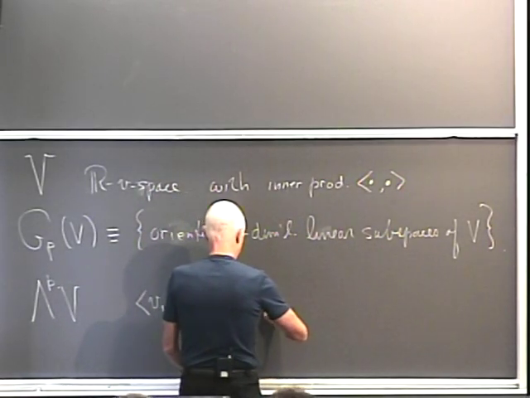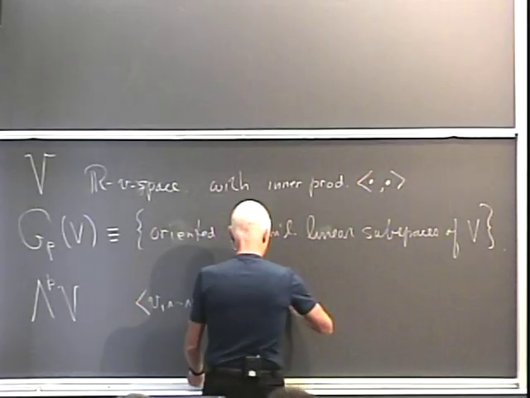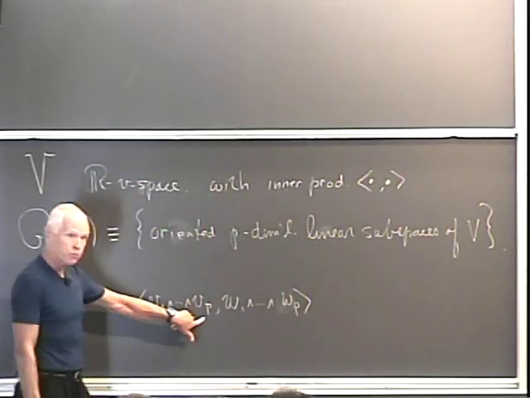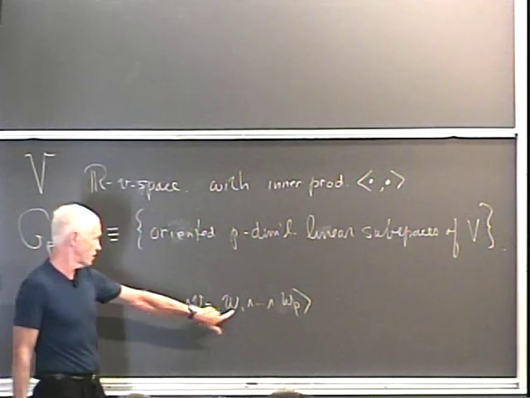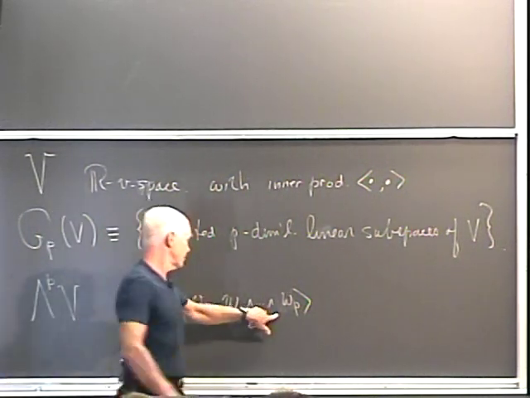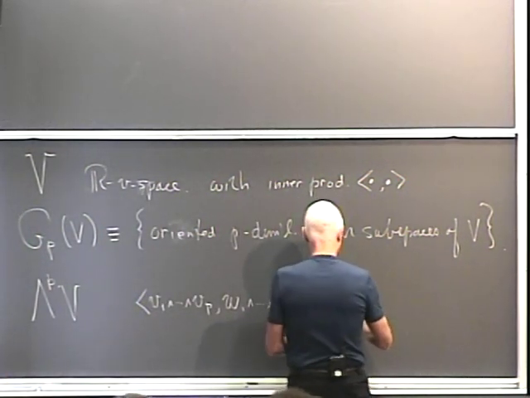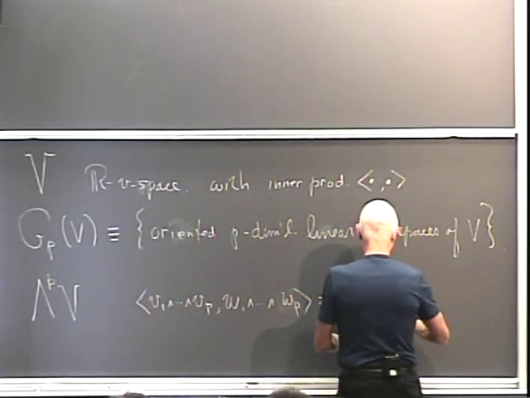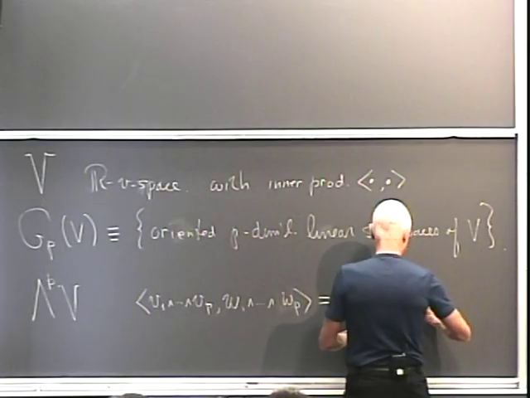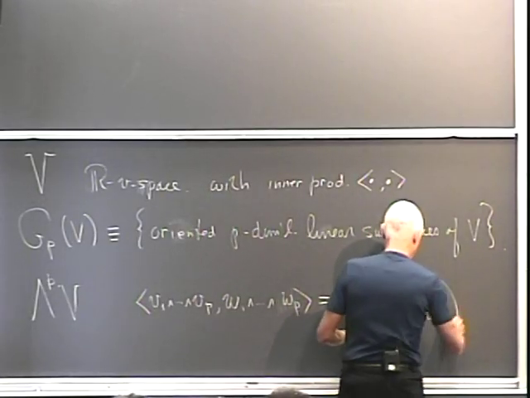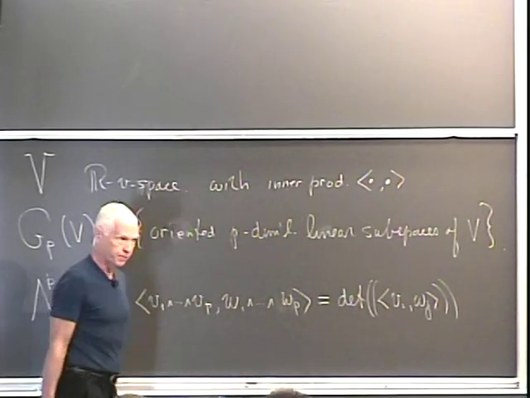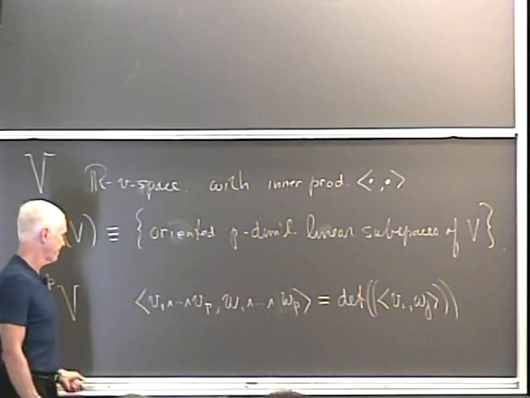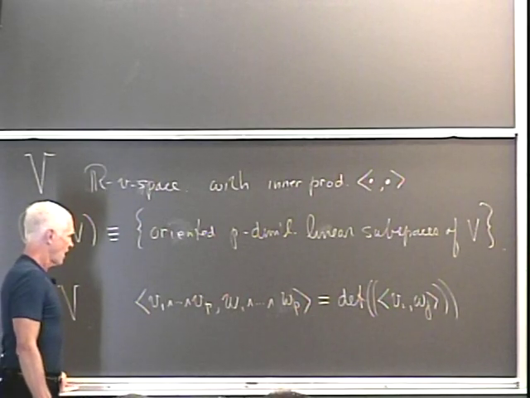If you have a pair of simple vectors of length p, a wedge product of p vectors from V and another wedge product of p vectors, then the inner product is defined to be the determinant of the p by p matrix whose ijth entry is the inner product of v_i with w_j. You take its determinant.